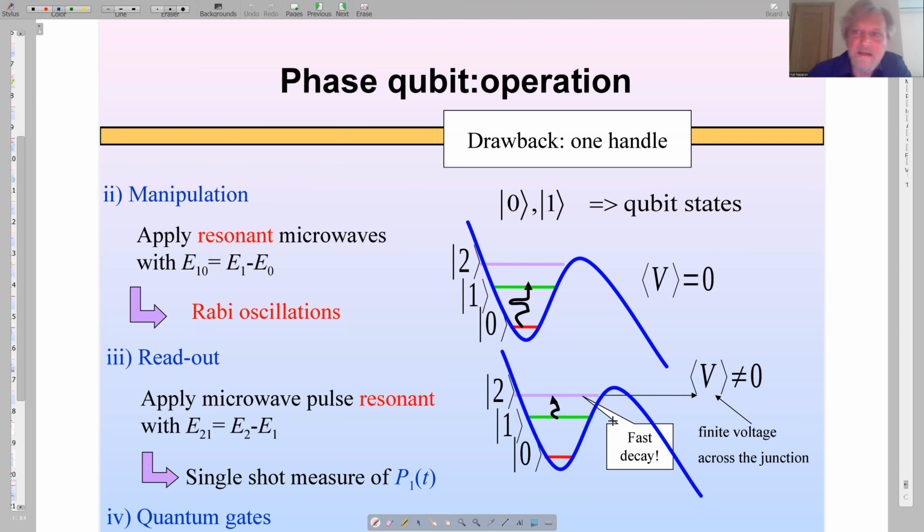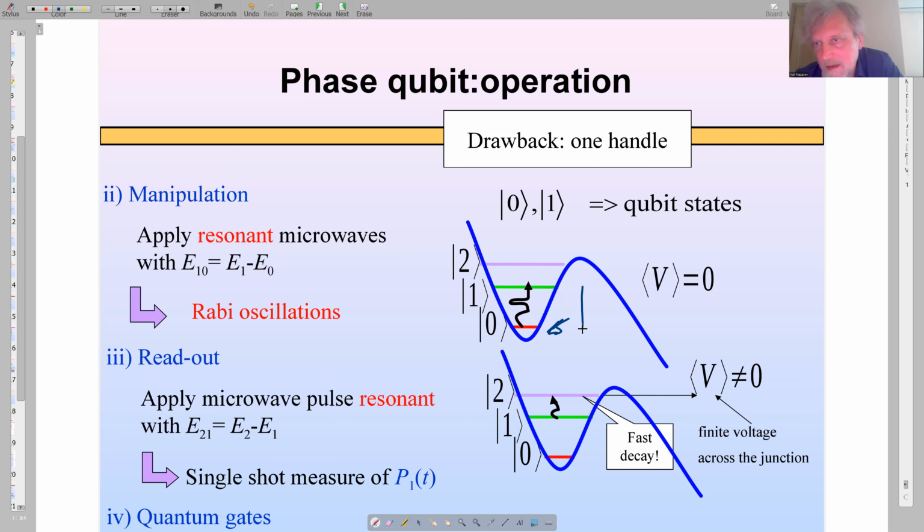We understand that in the course of preparation, the system is in this state. How to rotate it? We could just apply a pulse of oscillating current with a frequency which matches the frequency between 0 and 1. Okay, we apply a resonant pulse. The qubit would go to a superposition of 0 and 1.